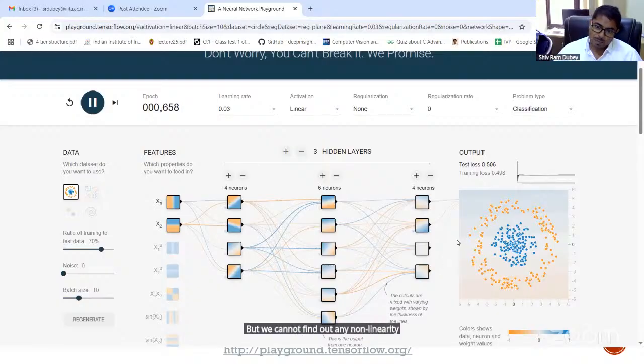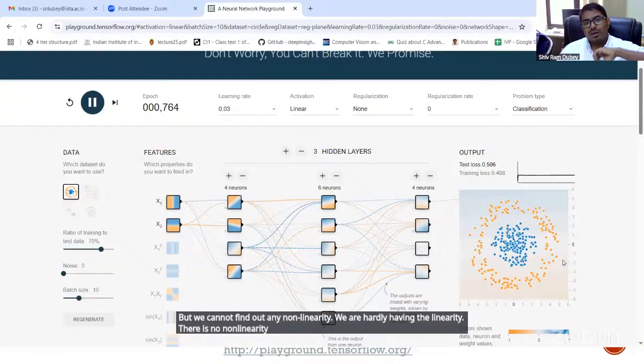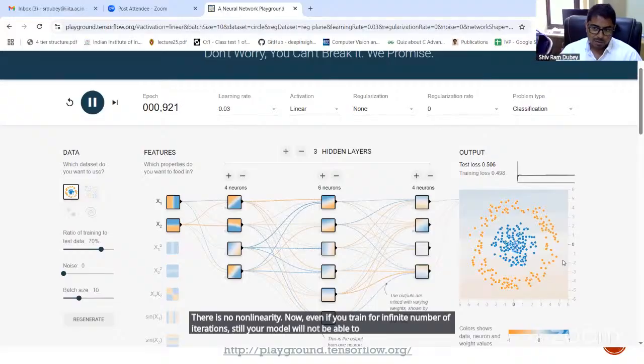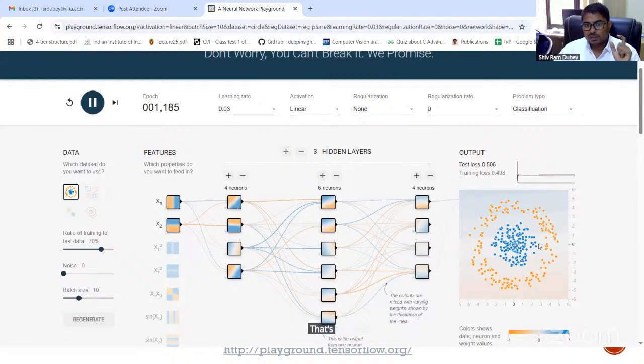We only have linearity. Now, even if you train for an infinite number of iterations, your model will still not be able to train because there is no scope here for training. We do not have any non-linearity, so our model cannot figure out any non-linear decision boundary. That's not possible. That's why it is very important to have the non-linear function.